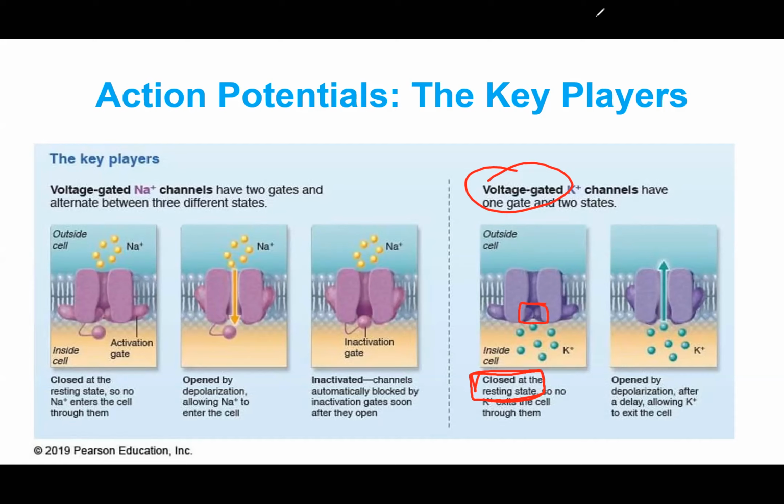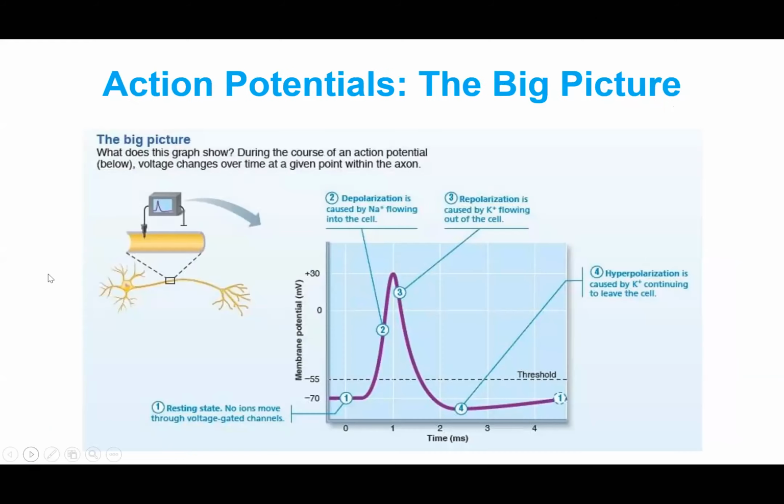After depolarization occurs, there's a brief delay, and then the potassium gate opens up so potassium can leave. Okay. All right, so 1 gate, 2 different states. So these are kind of our key players here for action potentials.